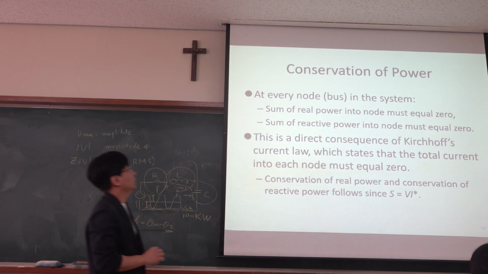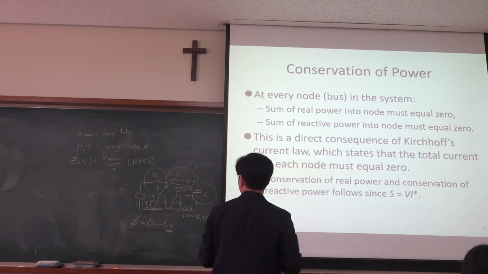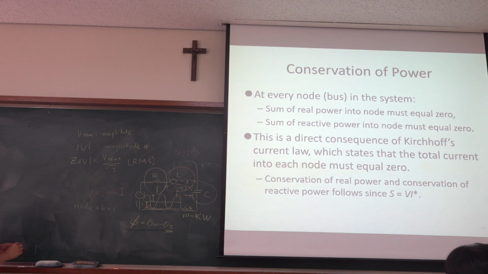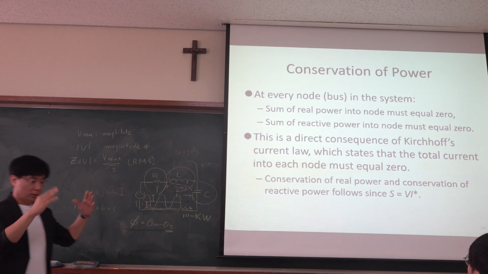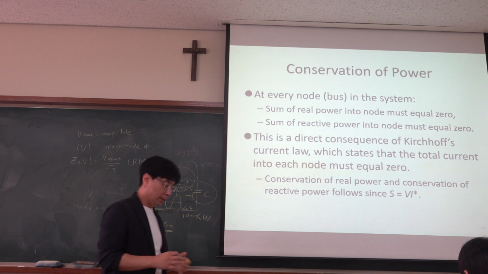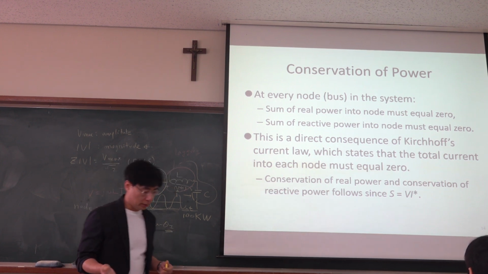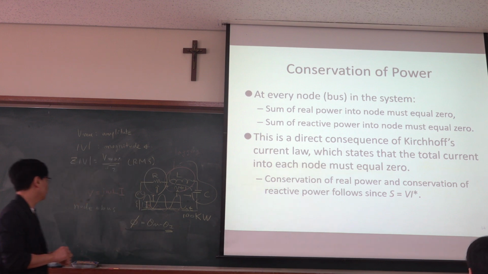Conservation of power means that at every node or bus, you know, node and bus are the same. I didn't talk about the topology in this class yet, but in the spring semester we talked about power system economics, so many of you are familiar with that.